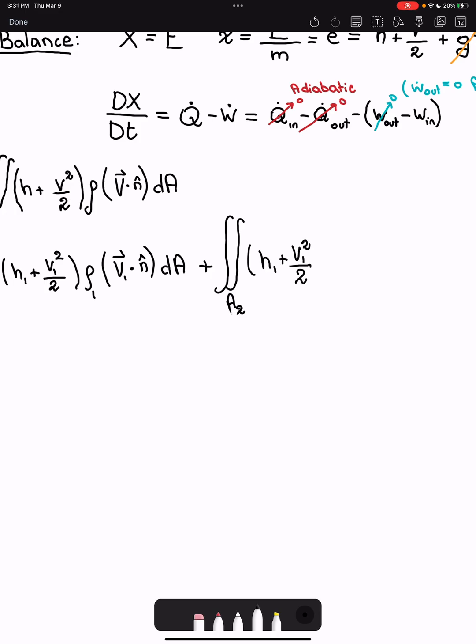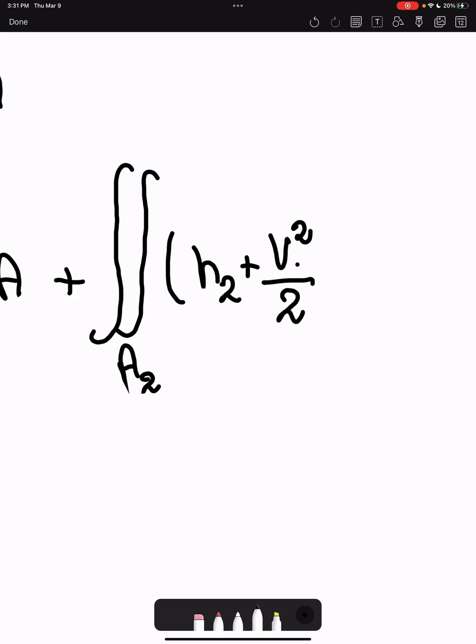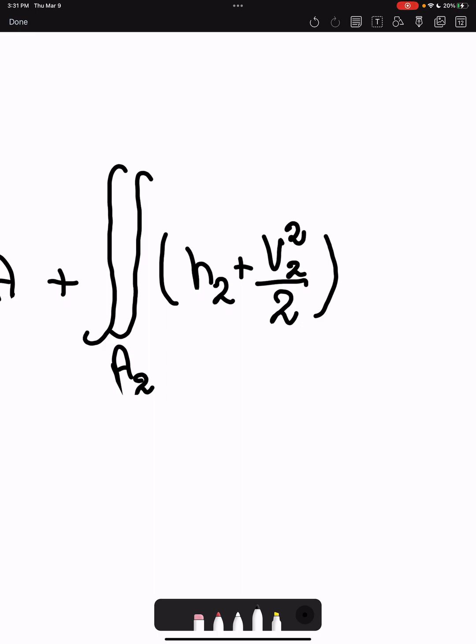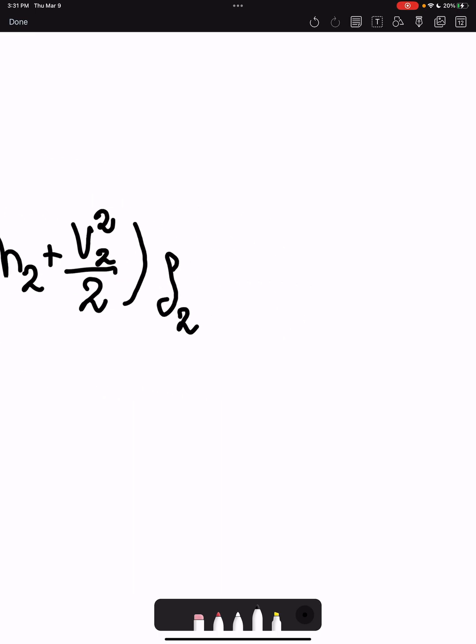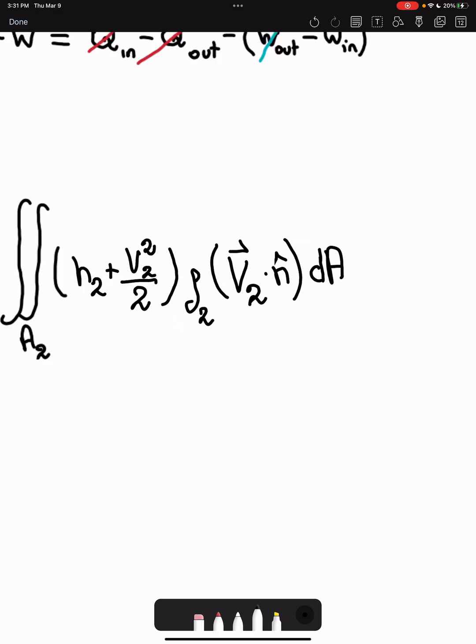Divided by 2. I wanted to put 2, both. Here, 2 and 2. And then I want to put my rho 2. And then I want to put my V2 dot N. And then I want to put my dA here.